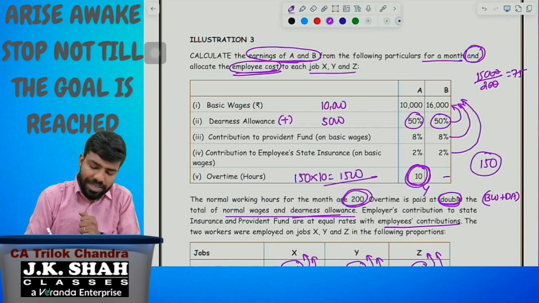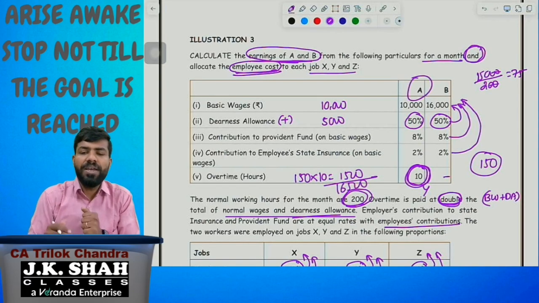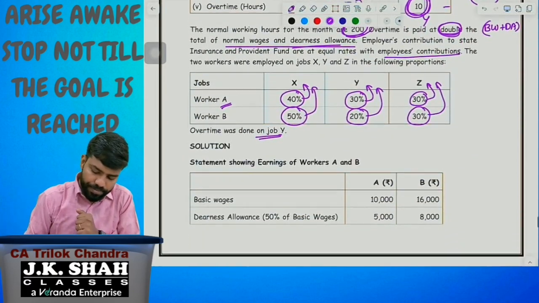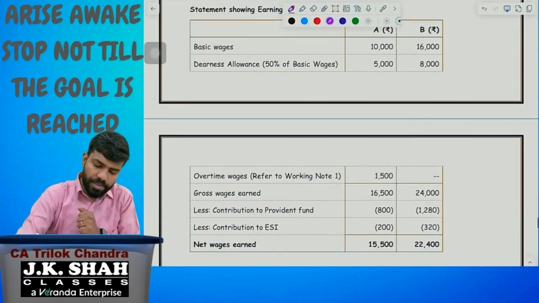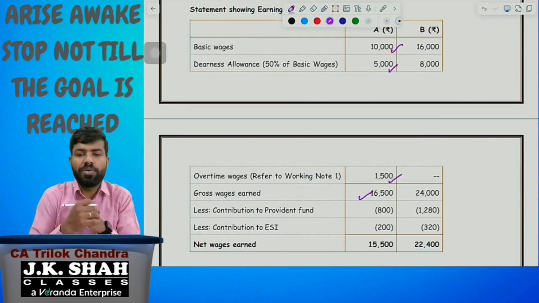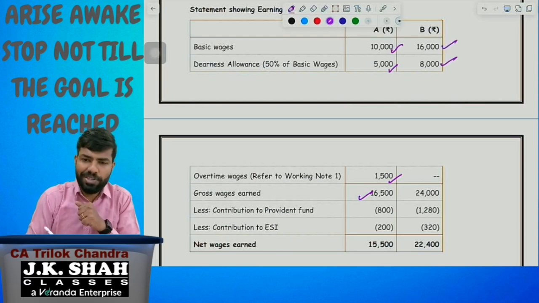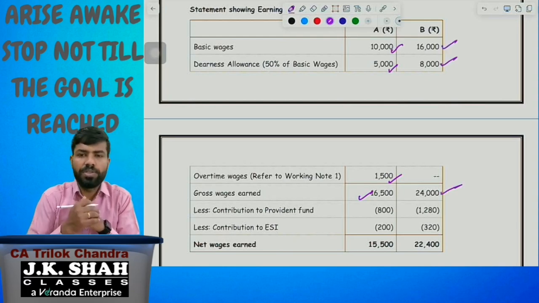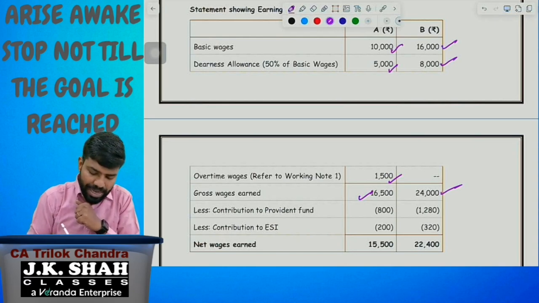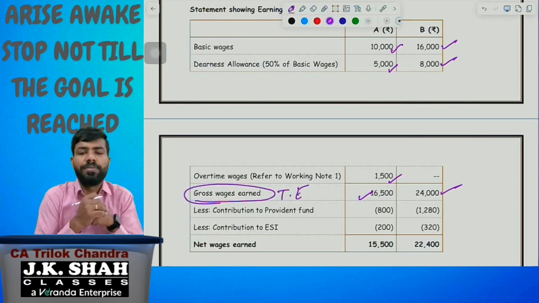So the total earnings is 16,500 for worker A. Same way we calculate for worker B. 10,000, 5,000, 1,500. Total comes to 16,500. For worker B, basic is 16,000, 50% of that is 8,000, total 24,000. This is the total earnings, gross wages earned.